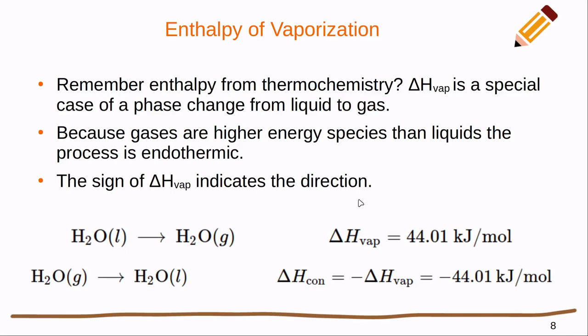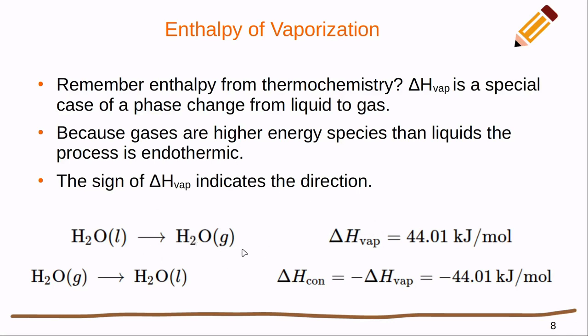Just in case you forgot what the enthalpy of vaporization was, you should be remembering enthalpy from thermochemistry. The enthalpy of vaporization is a special case of a phase change from liquid to gas. So if I have a very simple equation down here, like we have liquid water and then that goes to a gas, the enthalpy of that reaction is the enthalpy of vaporization.